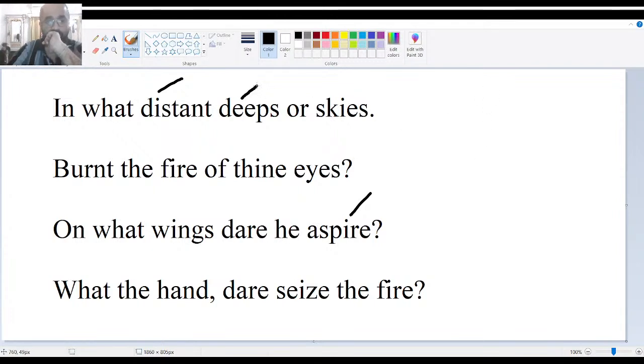Let's look at nouns, verbs, adjectives. Deeps, skies, burnt, fire, eyes, wings, dare, hand, dare, seas, fire.